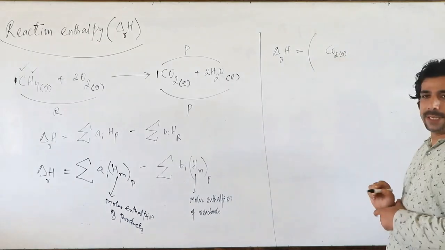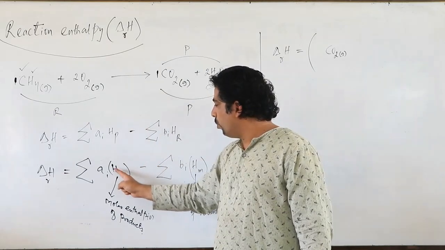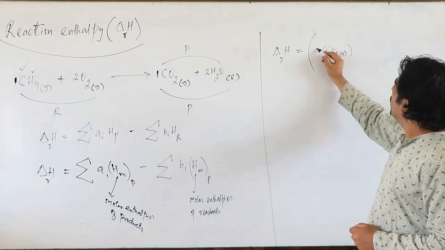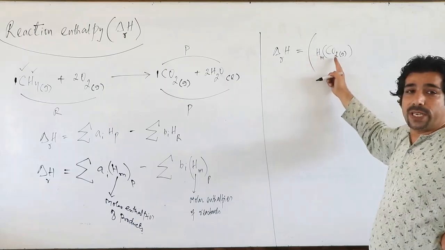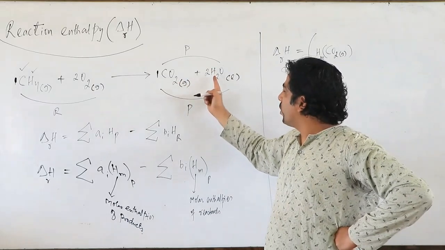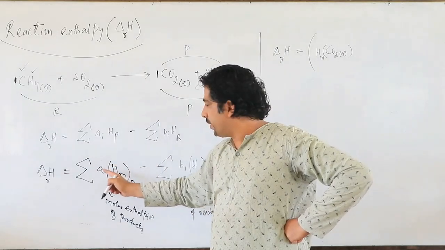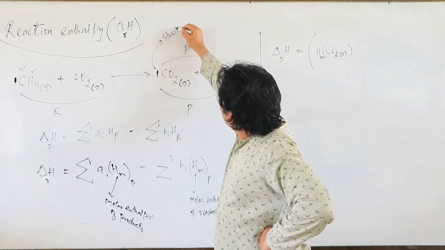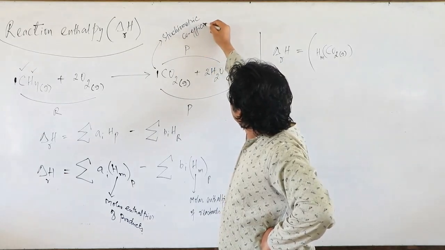Correct? And which enthalpy do I have to take for the product? For products, I have to take molar enthalpy. Let me write it down here. So this is the molar enthalpy of which product? Carbon dioxide. But there is not only one product. Molar enthalpy of a product should be multiplied by the stoichiometric coefficient, that means it represents the number of moles.